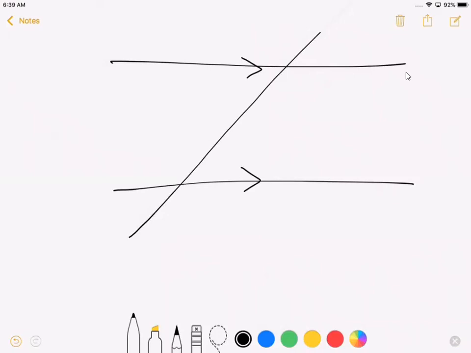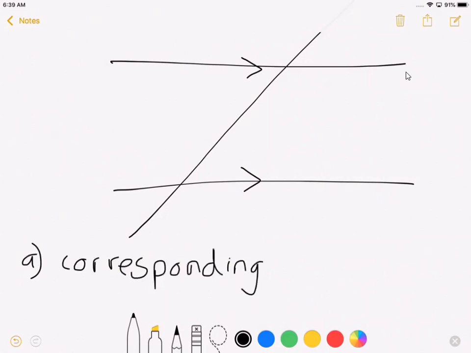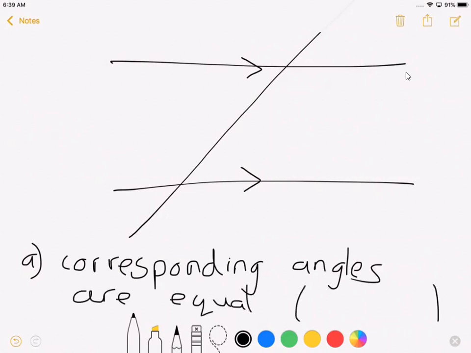Let's write: corresponding angles are equal. And when corresponding angles are equal, you need to state the reason in brackets, for example, if this is A, B, C, D, you have to say that line AB is parallel to CD.